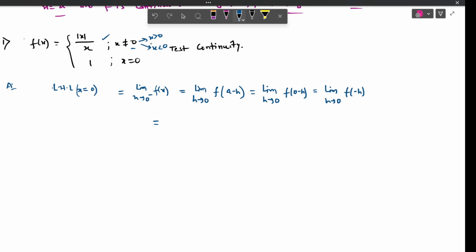If x is less than 0, then mod of x would be minus x, right? Or you can say you have to put minus h in place of x. So you can say limit h tends to 0 mod of minus h by minus h, right?